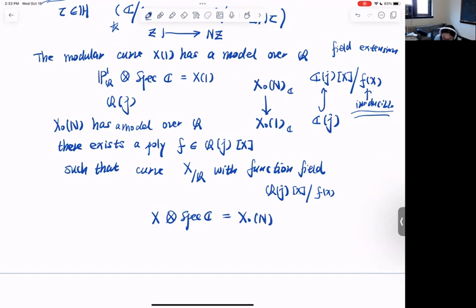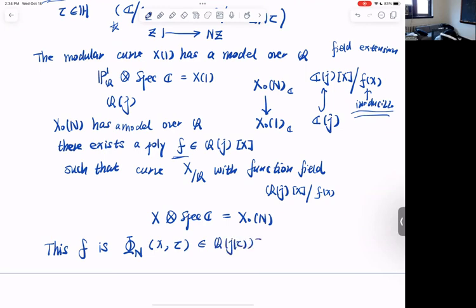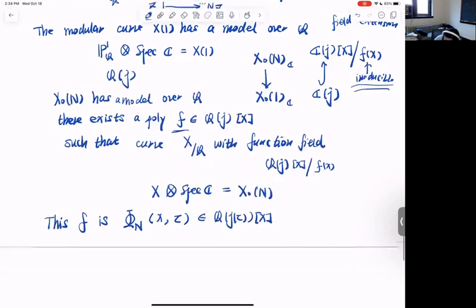So this is what we mean by it has a Q model. Another important thing is that this polynomial f is actually not mysterious. This f is the capital Phi, capital N of X, tau, which we know is inside Q adjoin J, tau, X, from lecture 3.